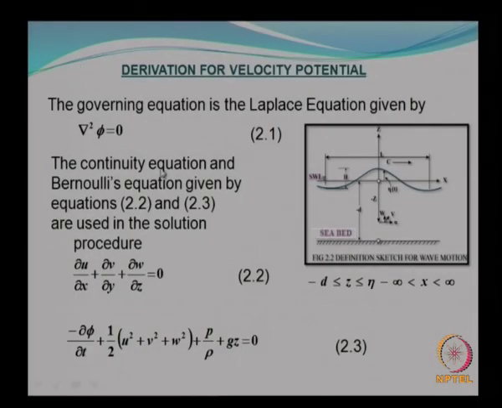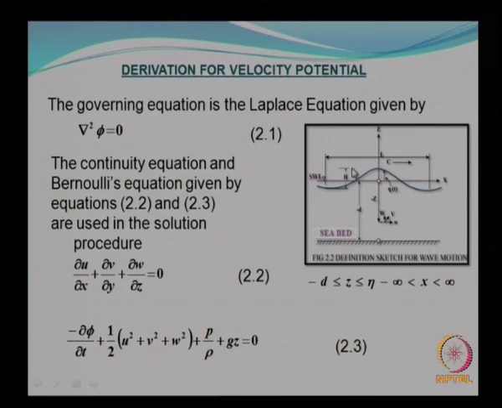Look at the definition sketch in order to derive the velocity potential. So, this is the rigid horizontal seabed, this is the still water line over which you have the oscillation of the free water surface.